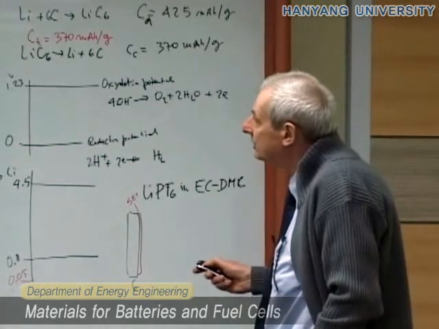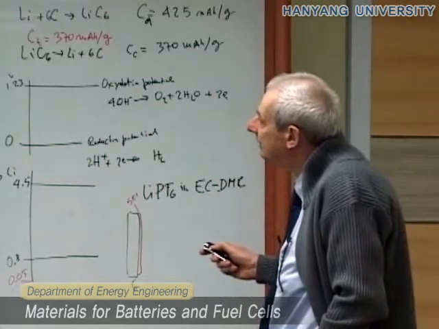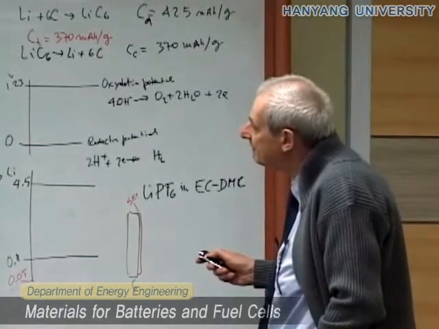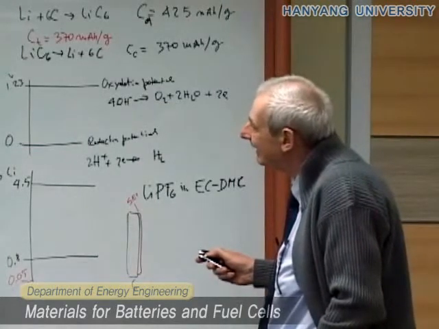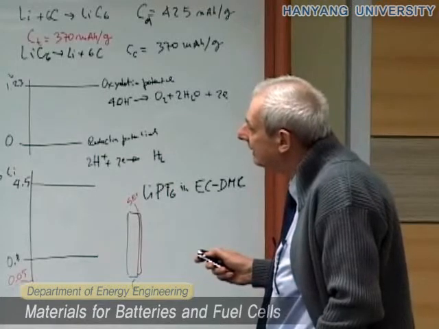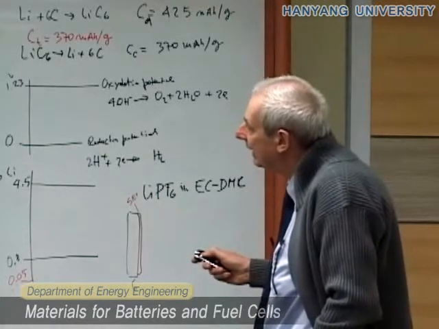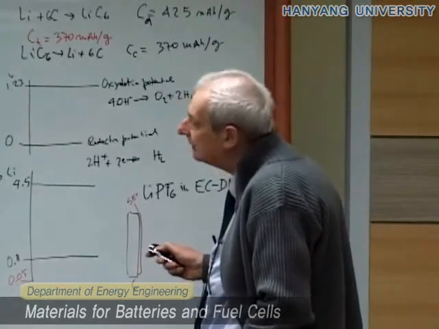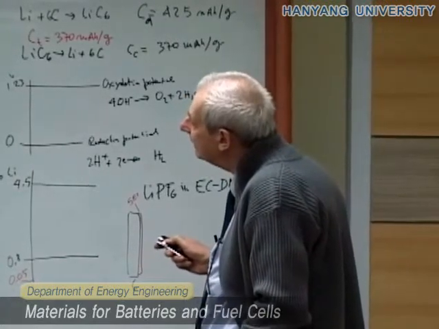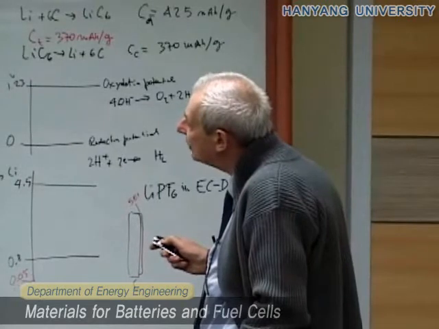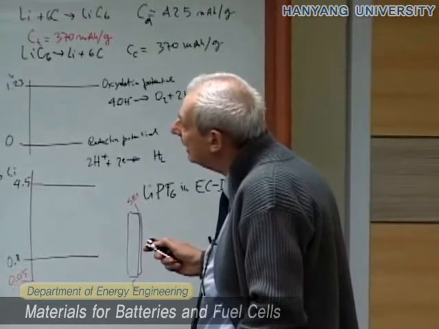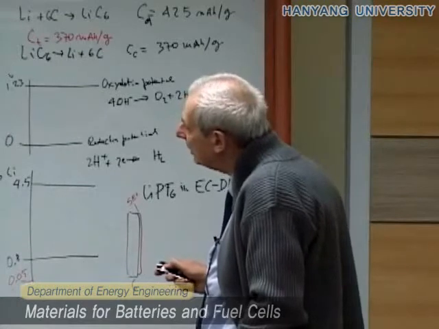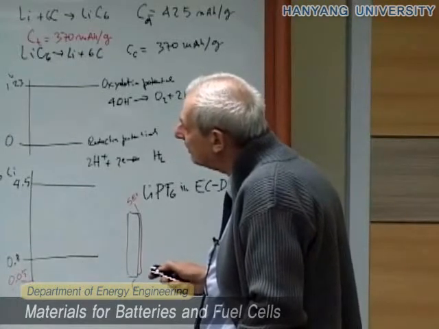Here again, you see some models for the formation of the electrolyte interface. And here we have two cases. One which happens in solution using ethylene carbonate-based solution, and here what happens in a solution using propylene carbonate.